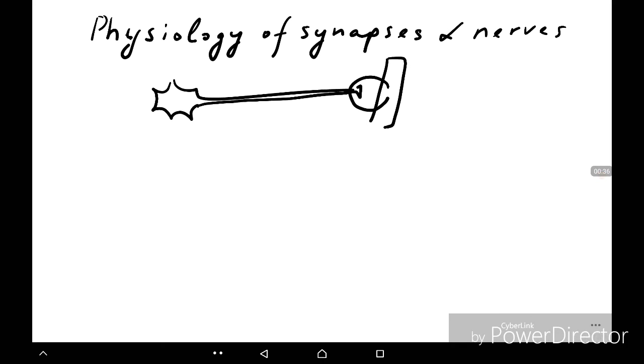Here is the neuromuscular synapse. Or we may observe the synapse between one neuron and another neuron.